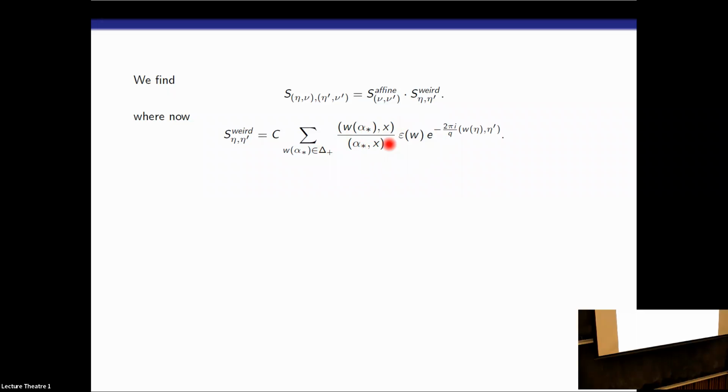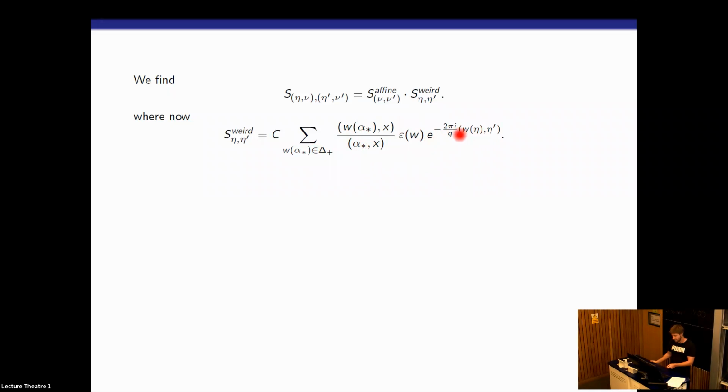We have a sign as before, an exponential as before, and we also have this funny rational function, which involves again the Weyl group element W and a term X, which is an arbitrarily chosen element in the Cartan, chosen so that it pairs non-zero with alpha star. So it's regular.